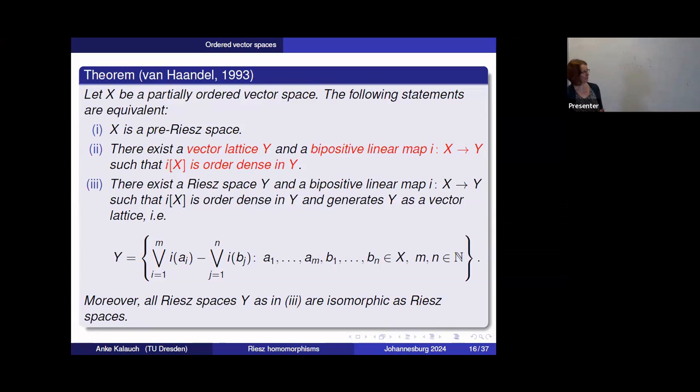And among all these order dense embeddings, you can select the smallest one. You can really generate the lattice within the ambient vector lattice Y.